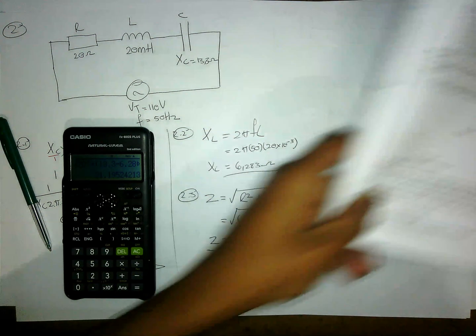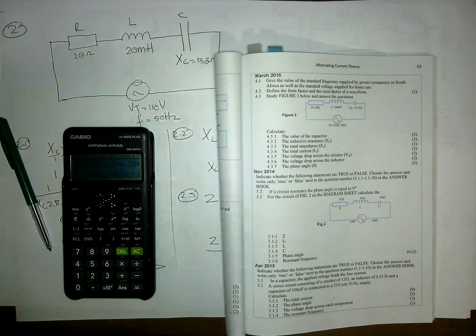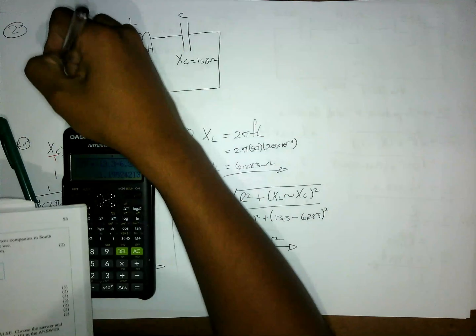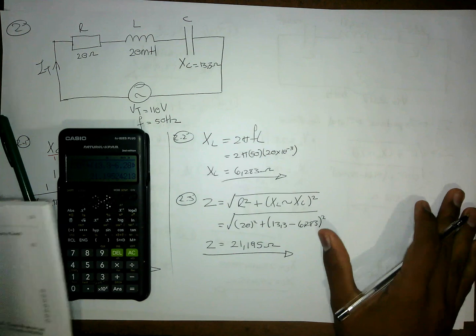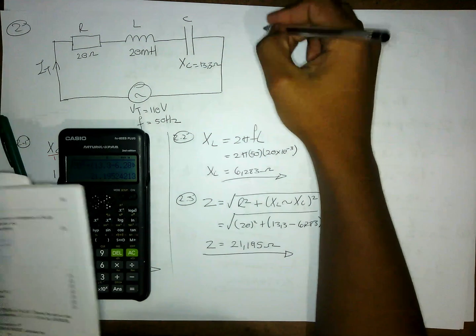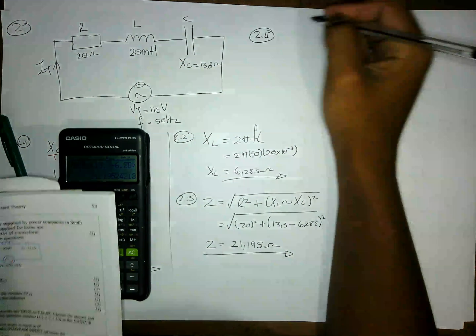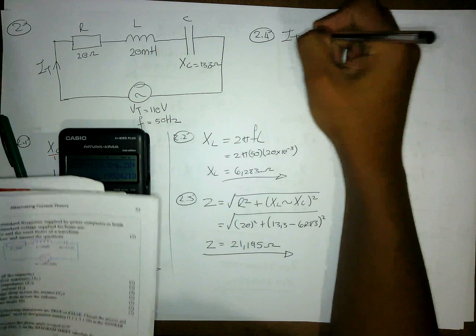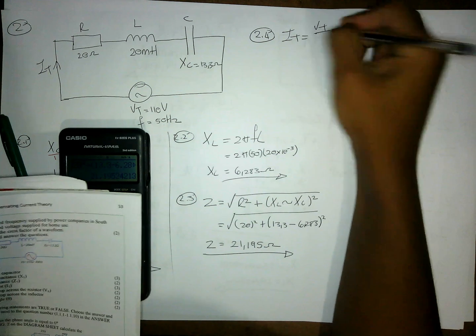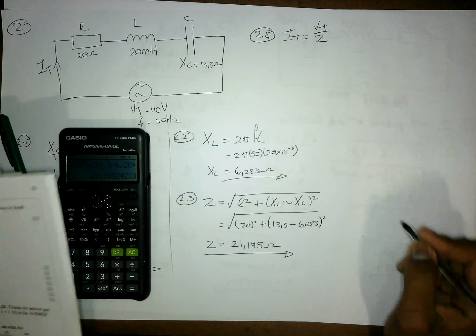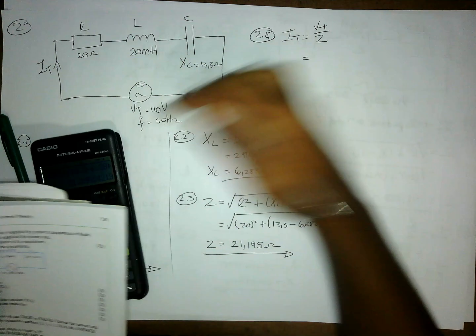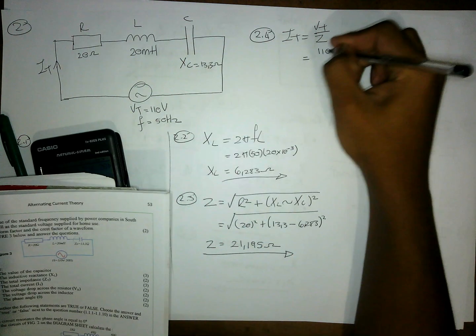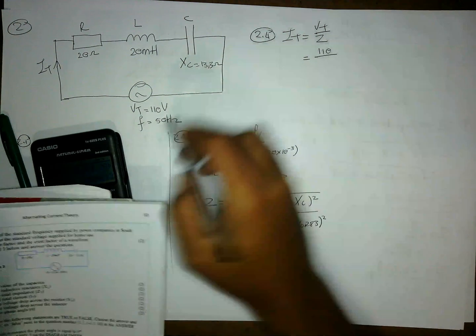We finished there. Then they're asking for the total current of the circuit, our I total. For I total, all we do is Ohm's law: I total equals V total over our total resistance, this is our Z. Our voltage is 110 volts, because it's given over there.